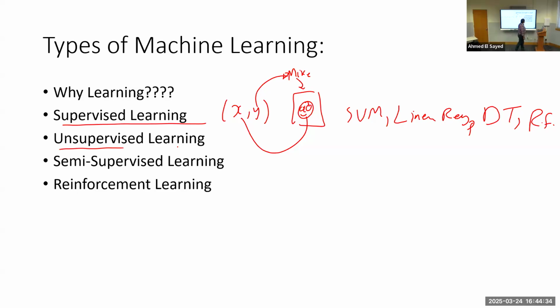Another technique is called unsupervised learning. What is unsupervised? In this case, I'm giving you only X. There is no Y. Meaning, I'm giving you several pictures, but I'm not telling you which picture is for whom. Then what will I do with those pictures?